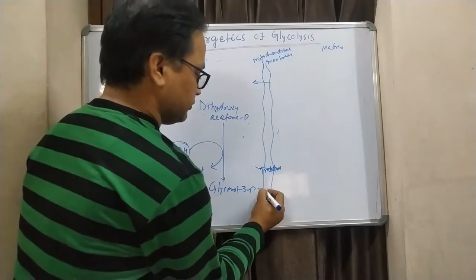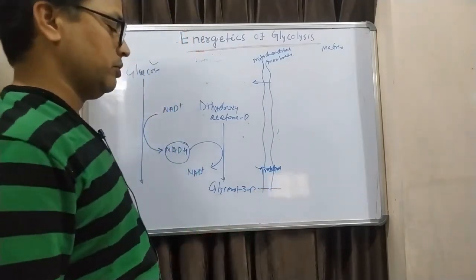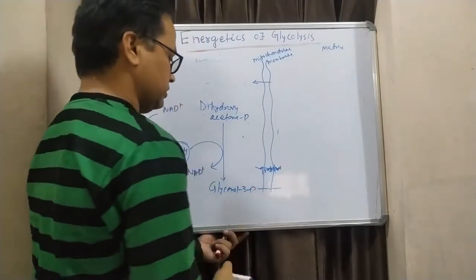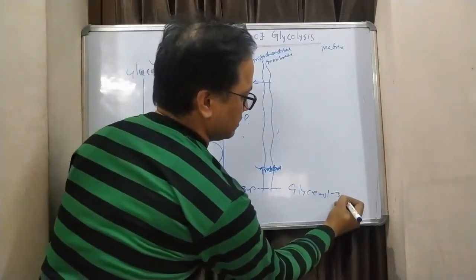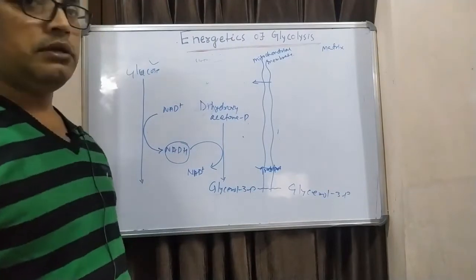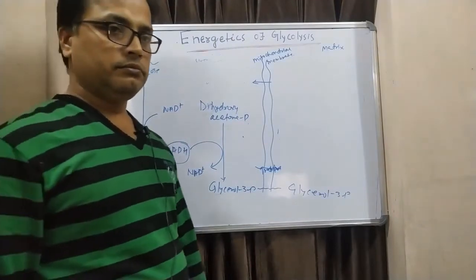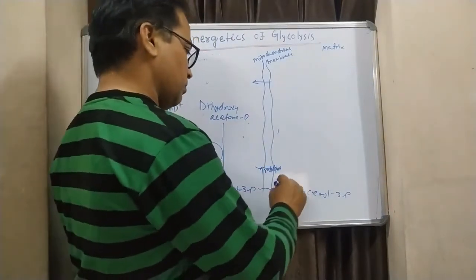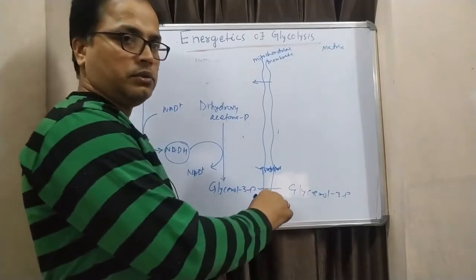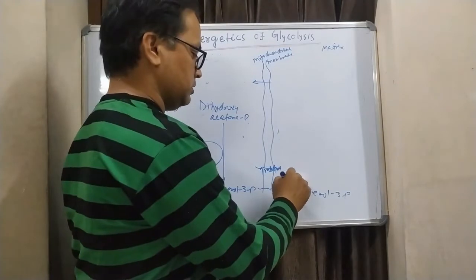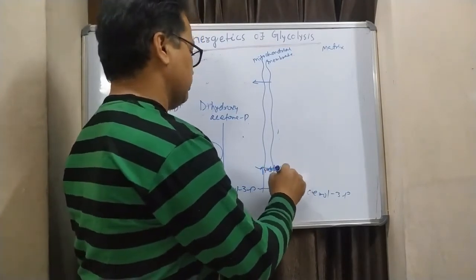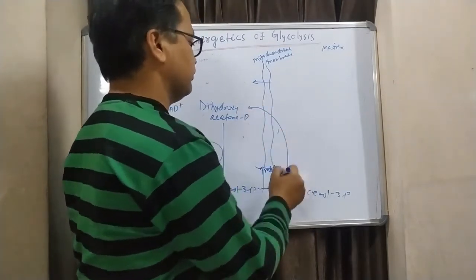This glycerol 3-phosphate can be transported into the mitochondria by a transporter. So we have glycerol 3-phosphate in the mitochondria, and in return this will be converted back to dihydroxyacetone phosphate.